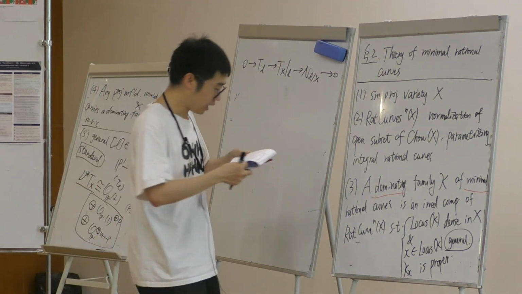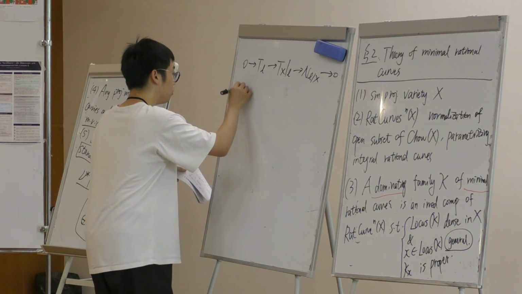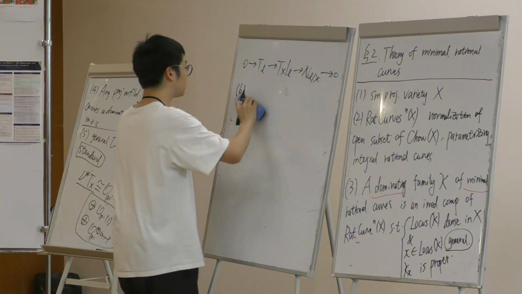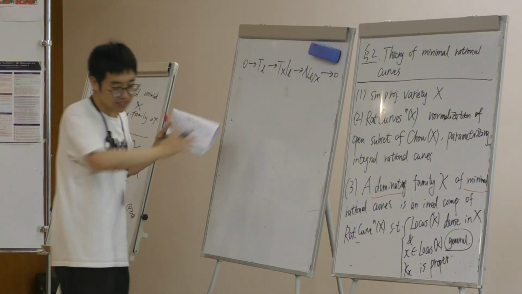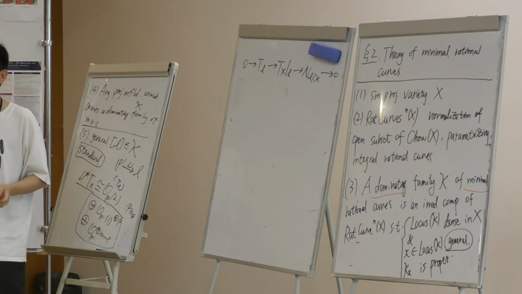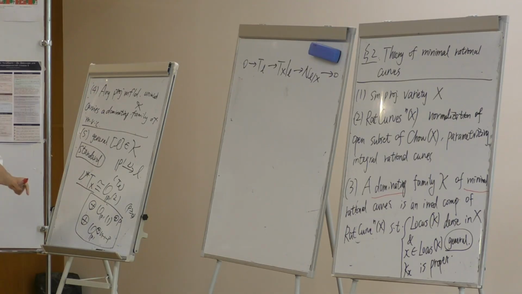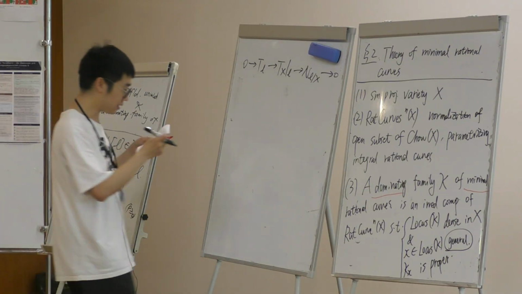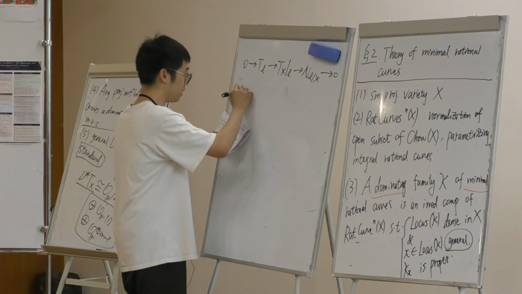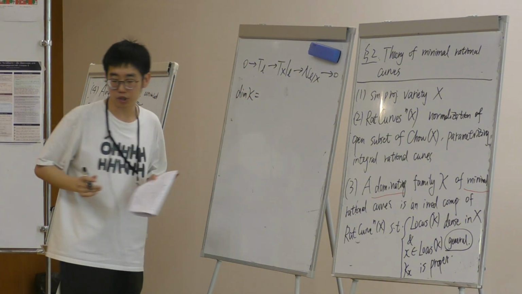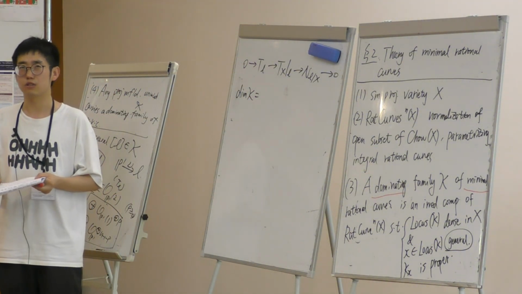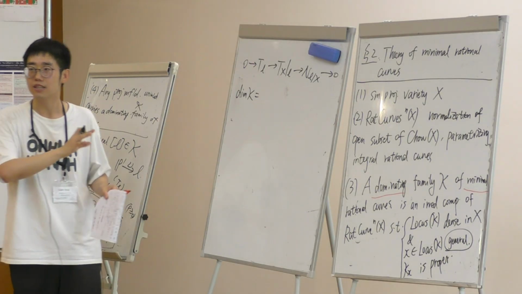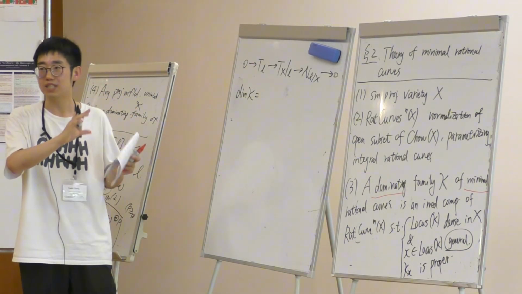Now let us continue. By using basic deformation theory, you can calculate the dimension of K, or the dimension of Kx, in terms of this sequence, in terms of P. If you check Kollár's book on rational curves on varieties, there is a very explicit formula.